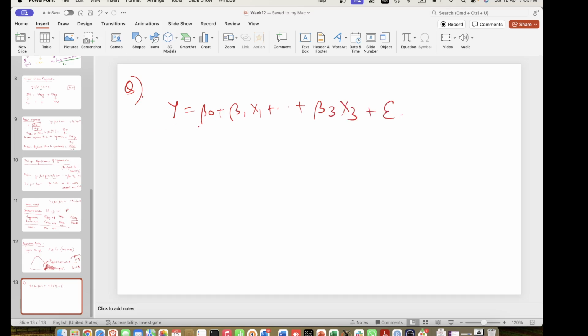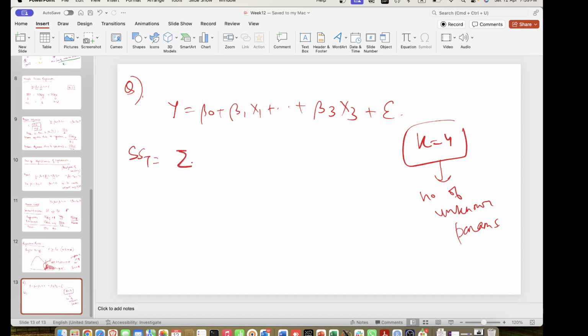In this case I have k equal to 4, and what is k? K is the number of unknown parameters. Here SST will be the summation of yi minus y bar whole square, or you can write it as y transpose y minus summation yi whole square by n.